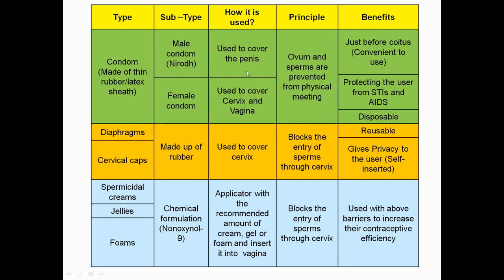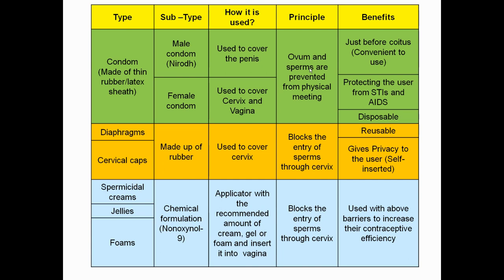The male condom covers the penis, and the female condom covers the cervix as well as the vagina. The principle behind it is to prevent the physical meeting of ovum and sperm for fertilization. The benefits are quite enormous. They can be used just before coitus and protect the user from STIs and AIDS.